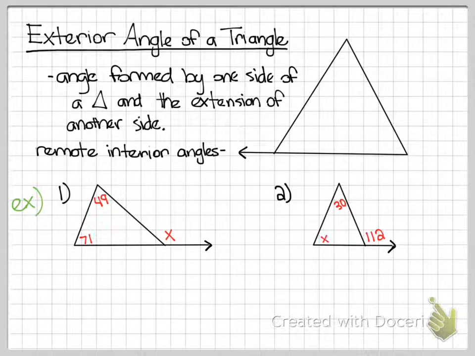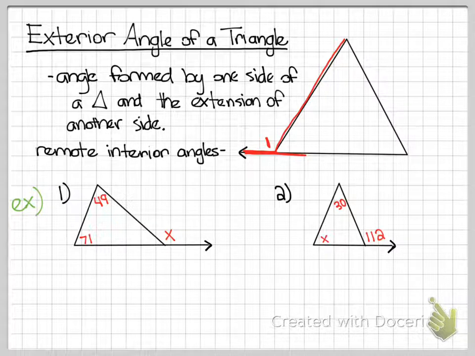So for instance, if we were looking at this triangle over here, angle 1 would be an exterior angle. It is formed by this side of the triangle and the extension of this side. So because this side's extended, angle 1 there is an exterior angle.